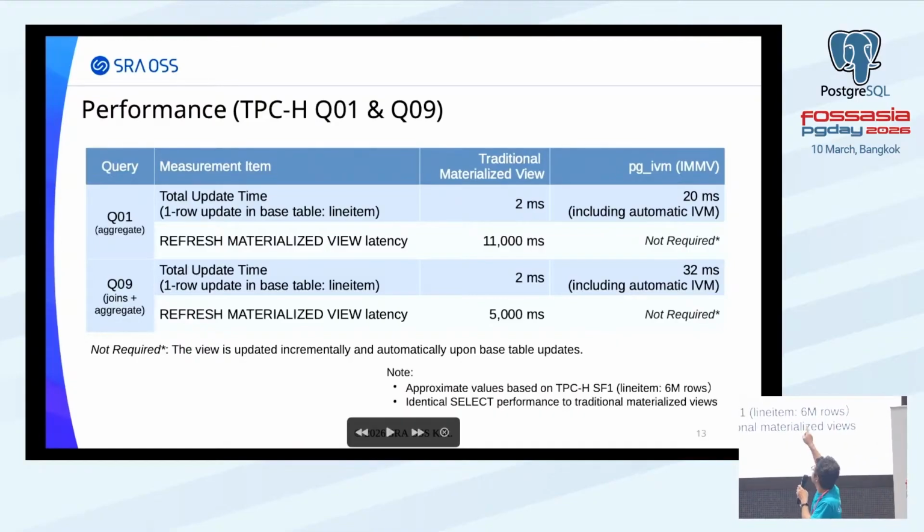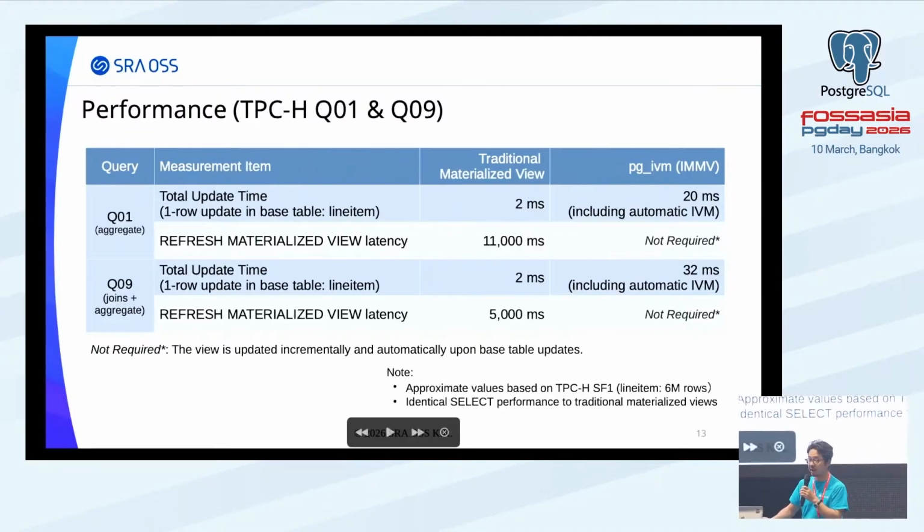That includes the automatic maintenance time. So it is about 10 times longer than with traditional materialized views, but still it is much faster than the refresh time, even 11 seconds or 5 seconds. So there is a trade-off.